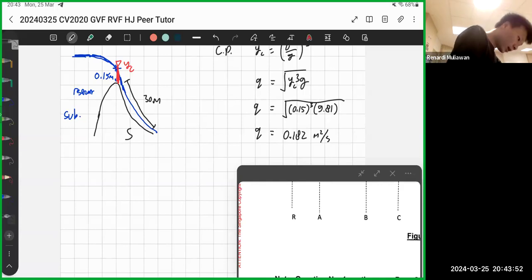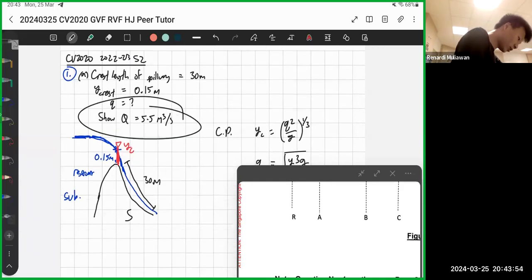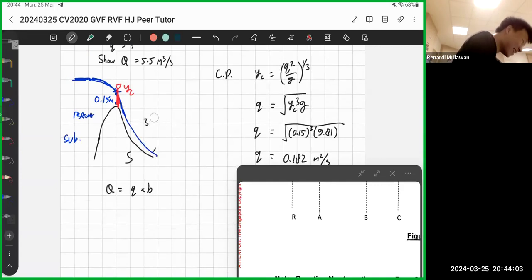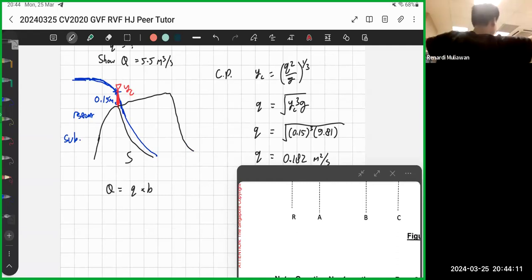Now show that Q is equal to this. So Q is small q times B. Sorry, I got something wrong: it's 30 meters. The crest line is in that dimension, because it's a dam, very wide. The water just goes down.